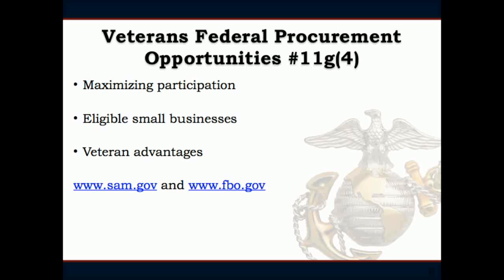In addition, there is an executive order which requires federal procurement officials and prime contractors to provide small businesses owned and controlled by veterans or service-disabled veterans with the maximum possible opportunity to participate in the performance of contracts awarded by any federal agency, including subcontracts.